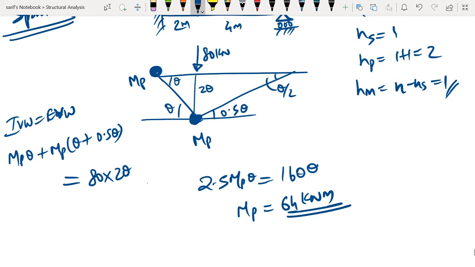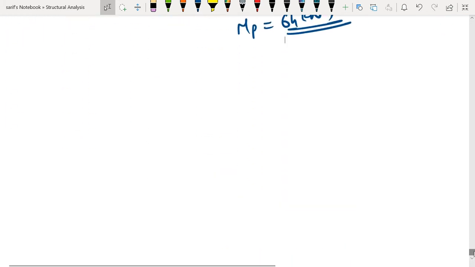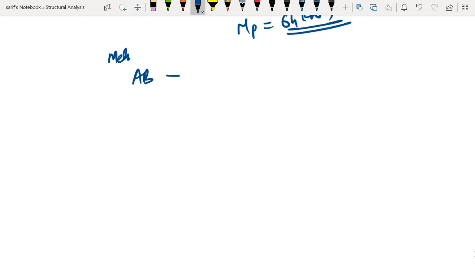So finally, if we try to summarize the results that we got from the various mechanisms. So first one is mechanism for span AB. So these are the mechanisms considered, and this is the Mp required. So from the mechanism for span AB, we got it as 85.33.